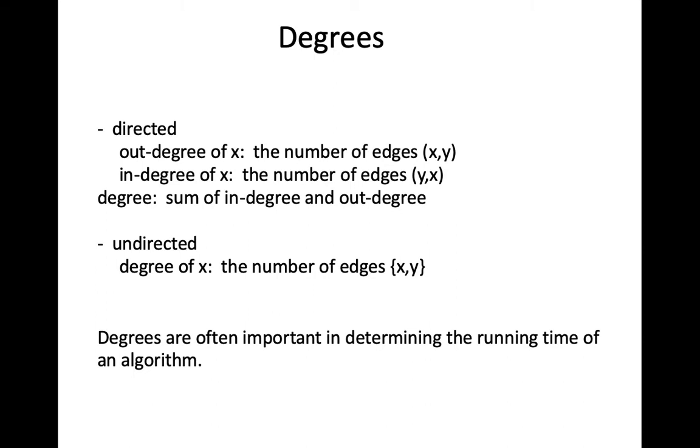If the graph is directed, we calculate the out degree as the number of edges going out of X, and the in degree of X is the number of edges coming into X. So the degree will be the sum of the in degree and out degree. If the graph is undirected, the degree of X is the number of edges incident to node X. Degrees are very important in determining the running time of an algorithm in a graph.